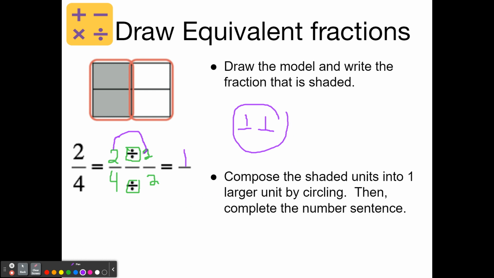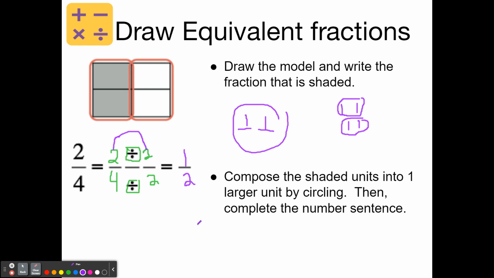So 2 divided by 2 equals 1. 4 divided by 2. Well, if we have 4 and we group them by 2, then we have 2 groups of 2. So 4 divided by 2 equals 2.